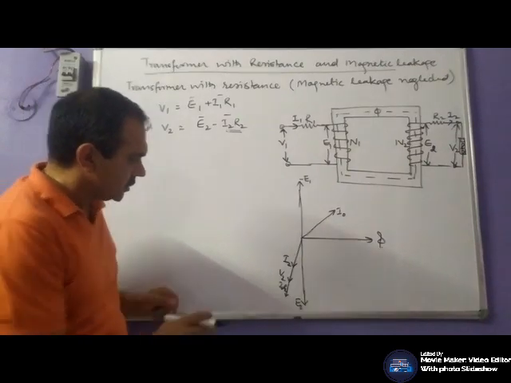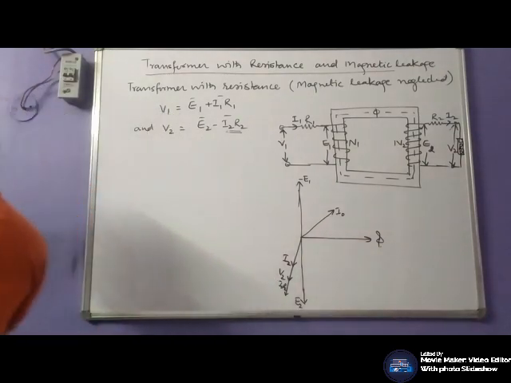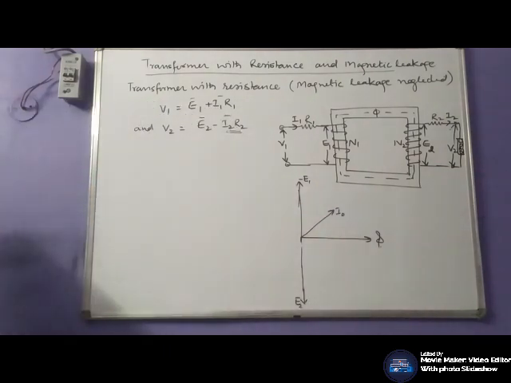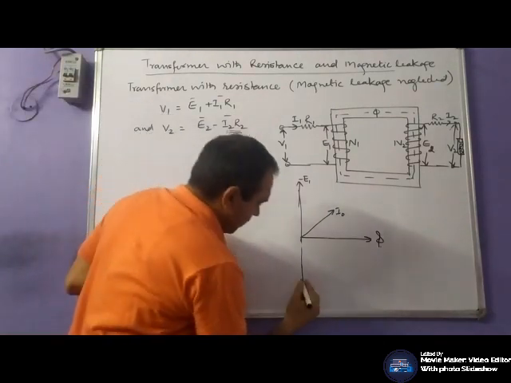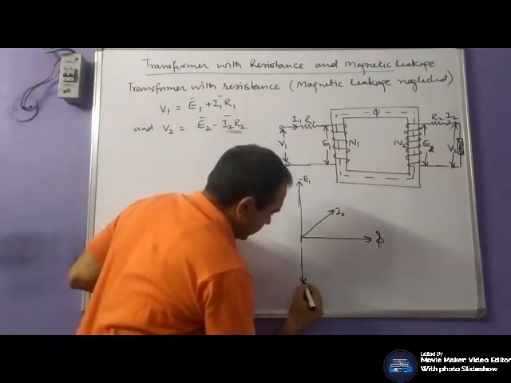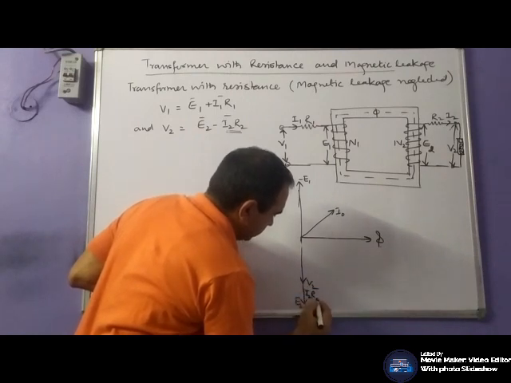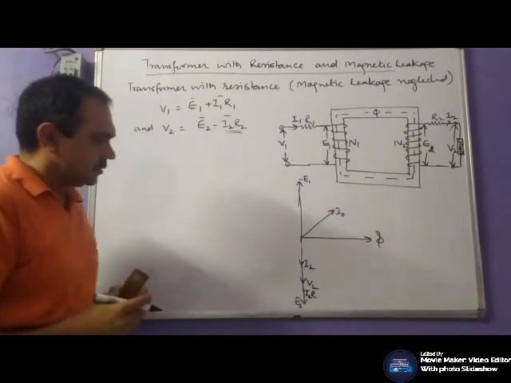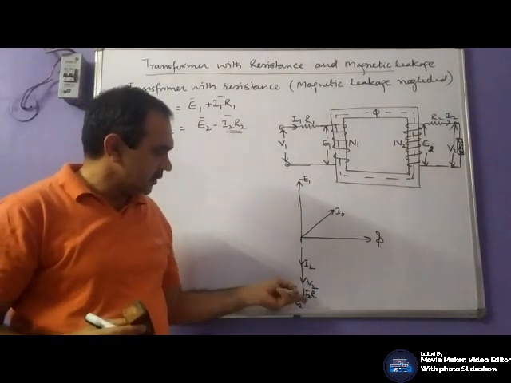That means we will represent it here: V2, this will be I2 R2, and this will be I2, because both are in the same phase.